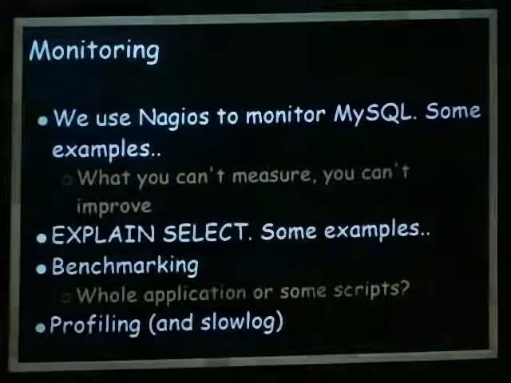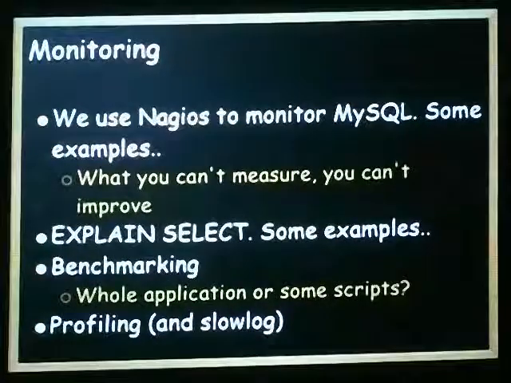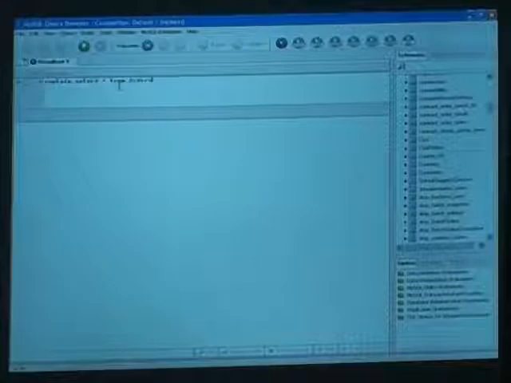So we have here EXPLAIN. Basically, with EXPLAIN SELECT you have your select statement, and it tries to explain to you how it gets to the result and how many rows it examines. For example, SELECT * FROM a table.